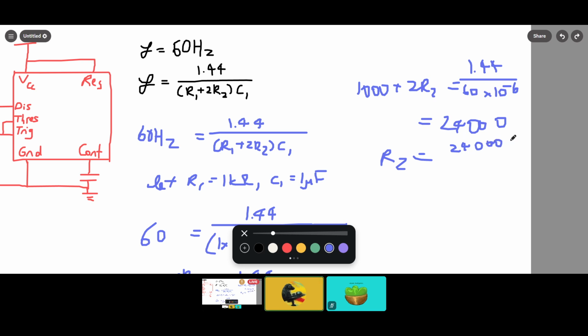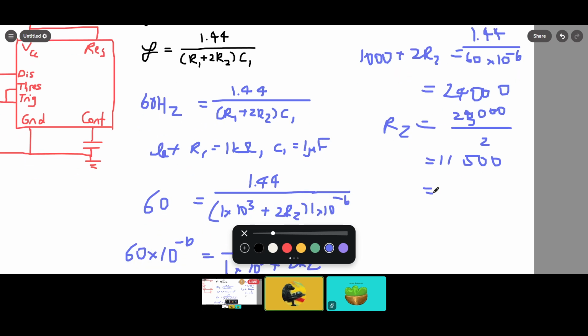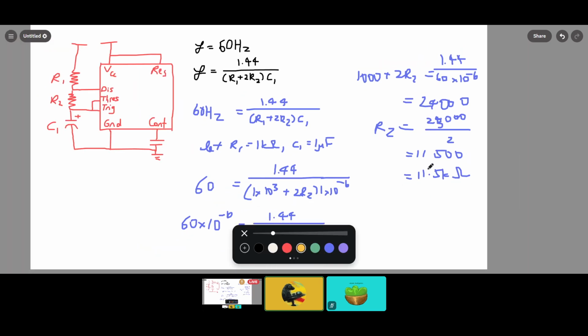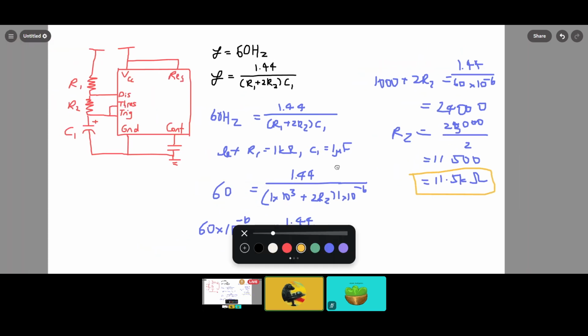So it will be equal to 23,000 divided by 2. And from this we get 11500, which is equivalent to 11.5 kilo ohms. So we pretty much solved the question already.